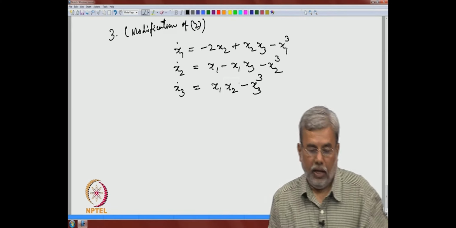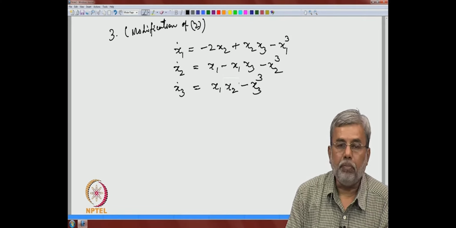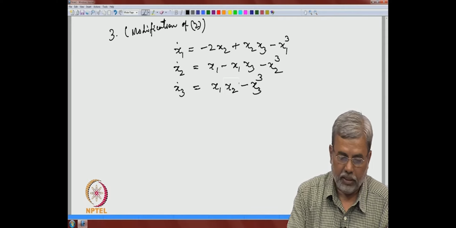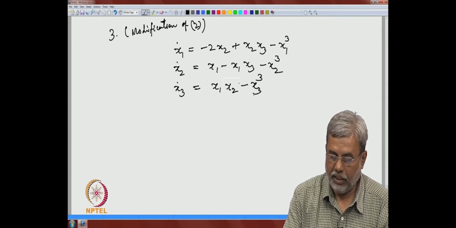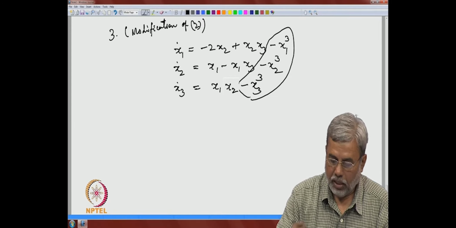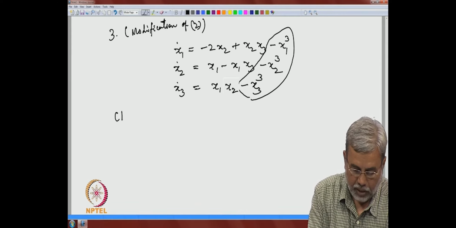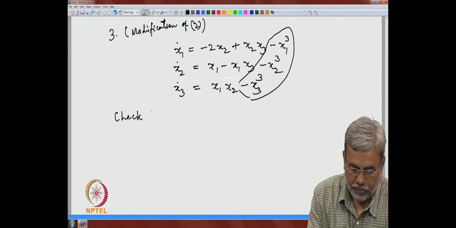Okay. So, you see that the difference between the previous example and this example is that the system is perturbed by these nonlinear terms. Okay.